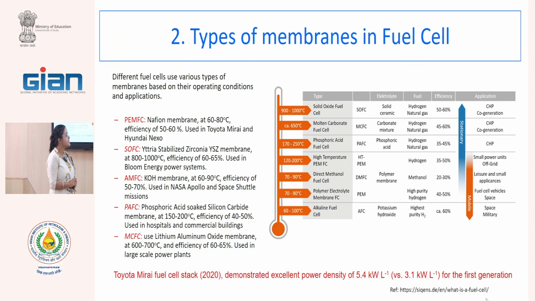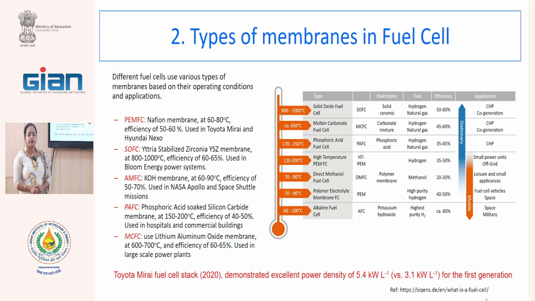Their operational efficiency lies up to 50%. So, they can be used for small off-grid power, like domestic power uses, etc. But the phosphoric acid fuel cell is for plant operation or for heavy duty vehicles, and for the molten carbonate fuel cell, as I was telling, their efficiency is up to 60%, but they need a carbonate mixture as an electrolyte or membrane material.